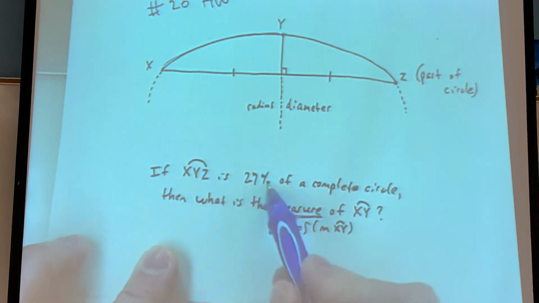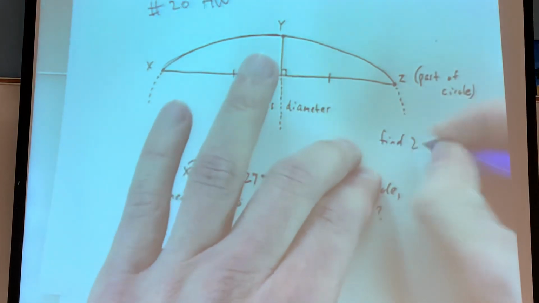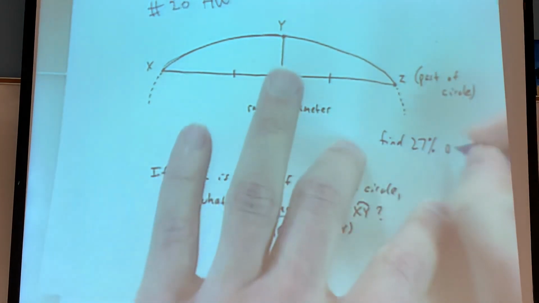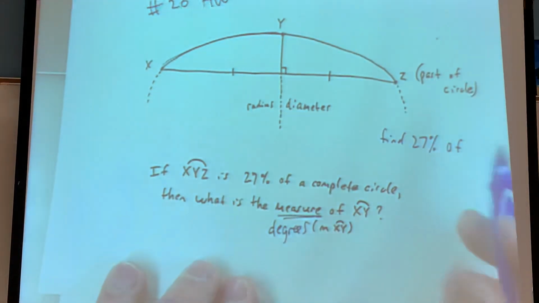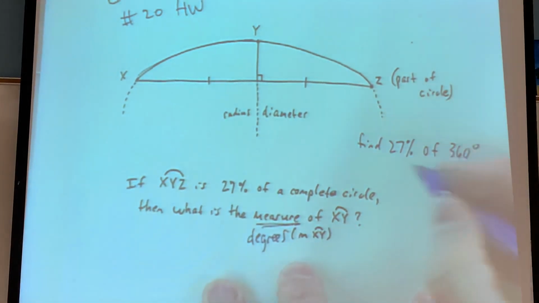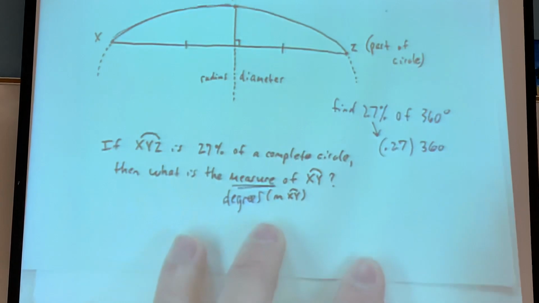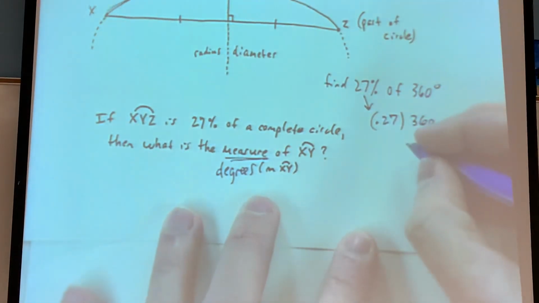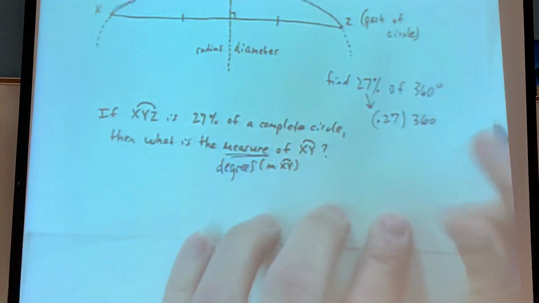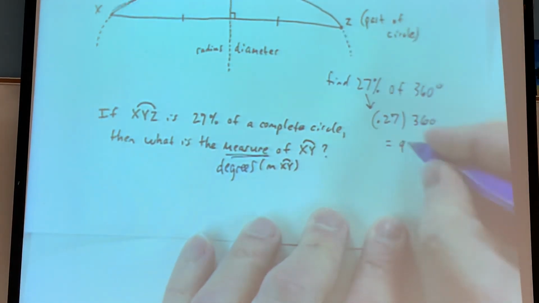Since we know it's 27% of a circle, we can find 27% of a full circle, 360 degrees. So change this to a decimal, multiply by 360 degrees. And that is 97.2 degrees.